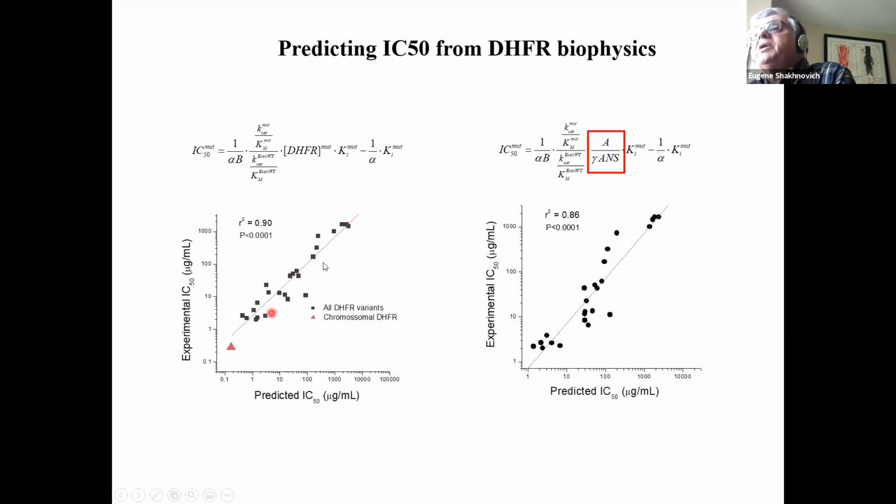And this spans many orders of magnitude, because the different mutants have different resistance, about 3 orders of magnitude in IC50. And this is the prediction when, instead of using actual measurement of concentration, we use the prediction based on a theory of intracellular dynamics, which I don't have time to discuss.